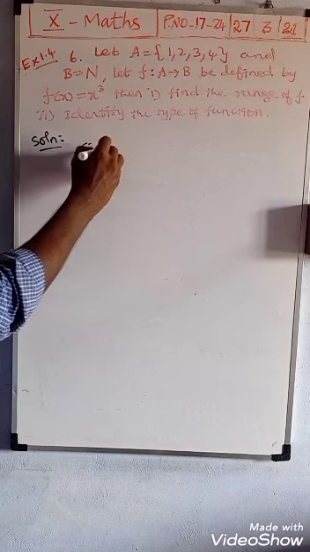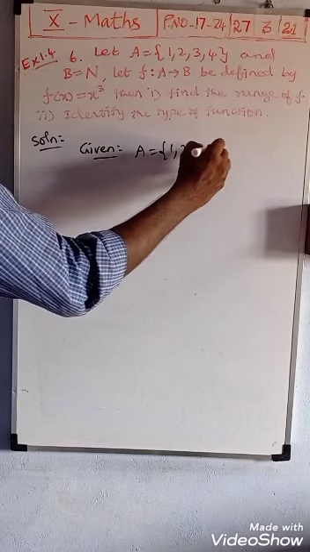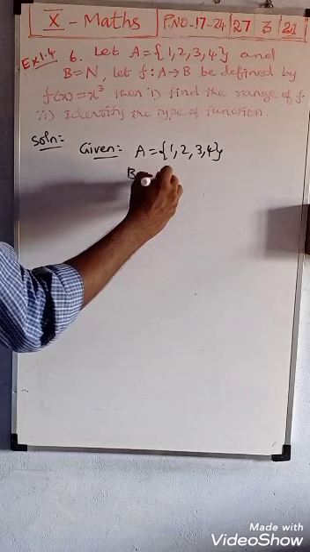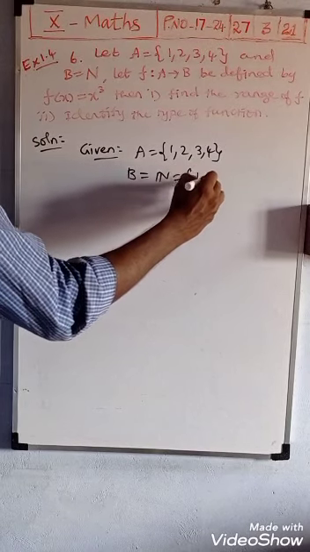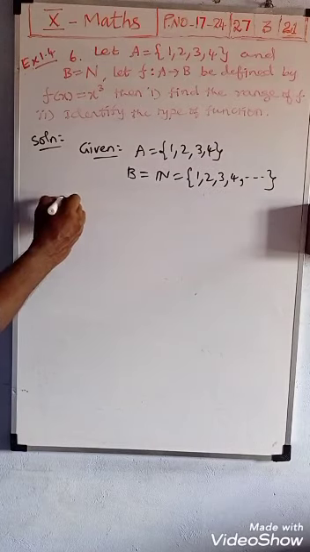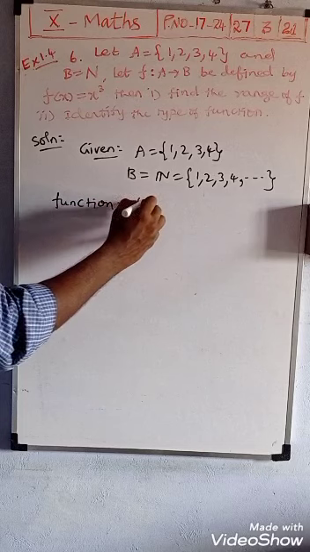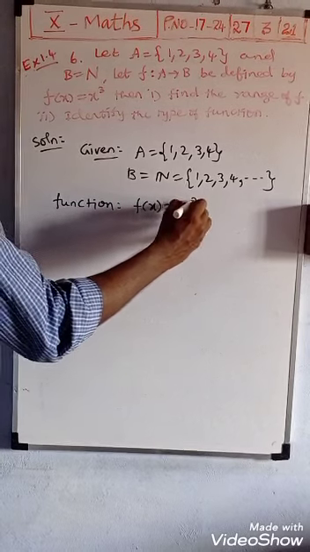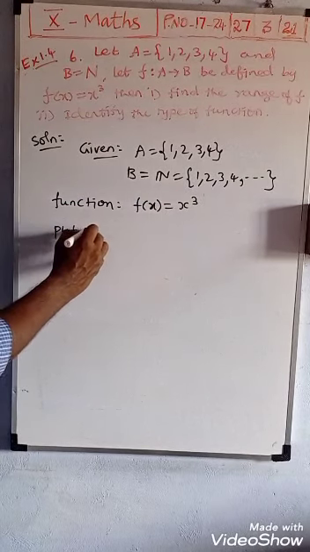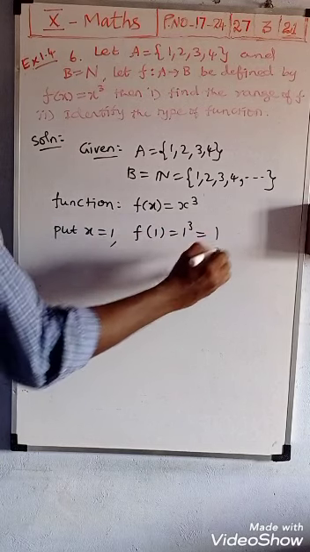Given sets: the domain set is A = {1, 2, 3, 4} and the B set is the natural numbers, which start from 1, 2, 3 and so on. The function is f(x) = x cube. Now put x = 1: f(1) = 1 cube, which is 1.